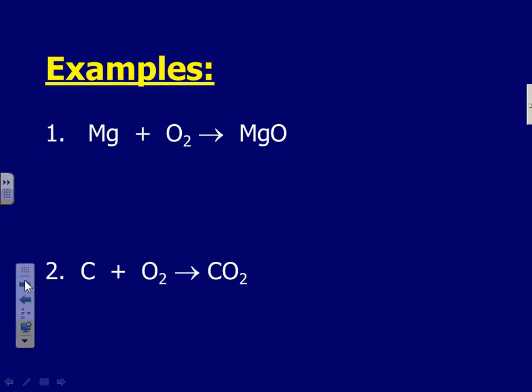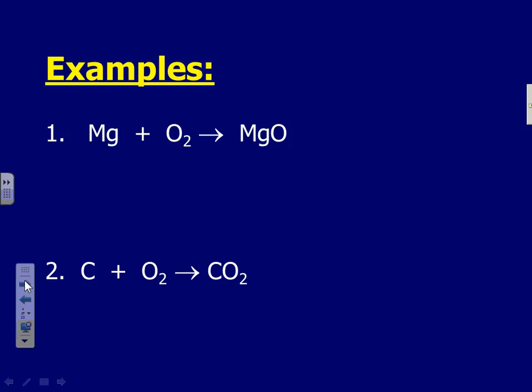You'll notice that my two examples here are not necessarily balanced. Let's balance them for a moment and practice our balancing. Which element do I want to deal with first in this one? Let's take a look. How many magnesiums on the left?